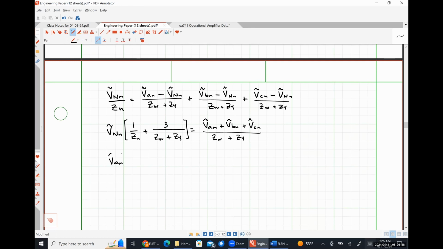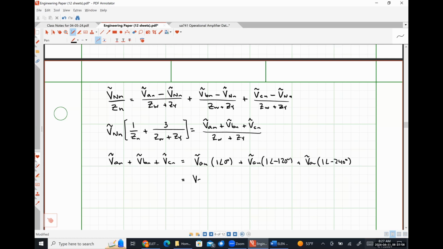So just to be really clear here, we have VAN plus VBN plus VCN. Because our voltage source is balanced, this looks like VAN times 1 angle 0 degrees plus VAN times 1 angle negative 120 degrees plus VAN times 1 angle negative 240 degrees, because we know that our magnitudes have to be the same and it's only the phase angle that's changing.